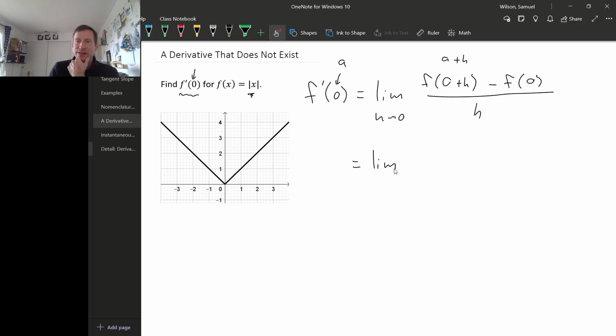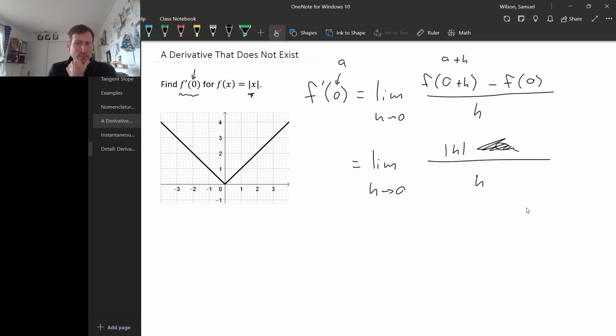Okay, so limit as h goes to 0, our denominator is just h. In the numerator, 0 plus h is just h. And f is the function that just takes the absolute value. So f of 0 plus h, that's just the absolute value of h. And then minus f of 0, well, the absolute value of 0 is 0. Right? So we don't really need this minus 0 part.